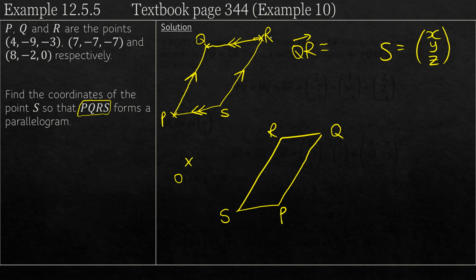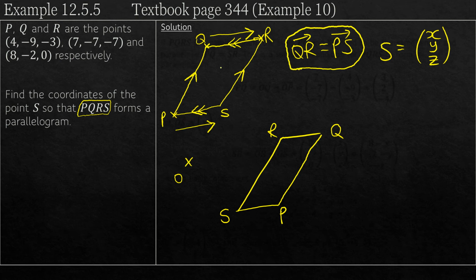Looking at my directions carefully, going from Q towards R, and then going in the same direction here. So going to the right would be the same as PS. The same direction, they're parallel, and they're exactly the same length as well. So something like this can be the key to unlocking this question. There's more than one way we can do this, but that's the way I'm going to approach it.